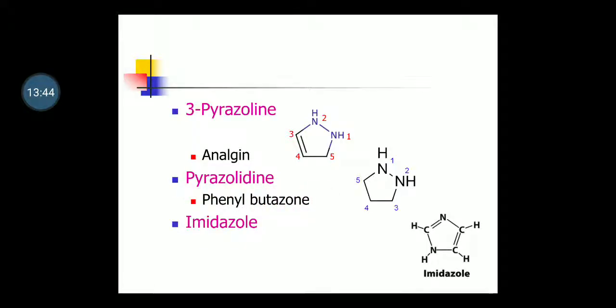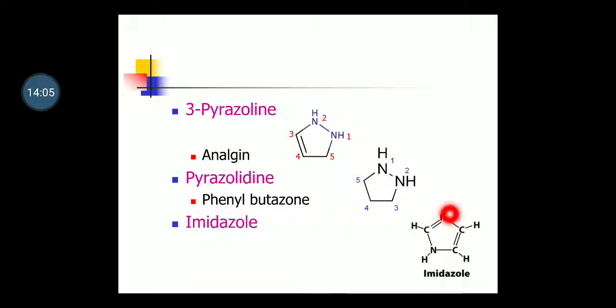Next, imidazole. We saw that a 5-membered ring containing 2 double bonds and 2 nitrogens at relative positions 1 and 2 is pyrazole. Here it is the same, but the relative position changes to 1 and 3, and it becomes imidazole.